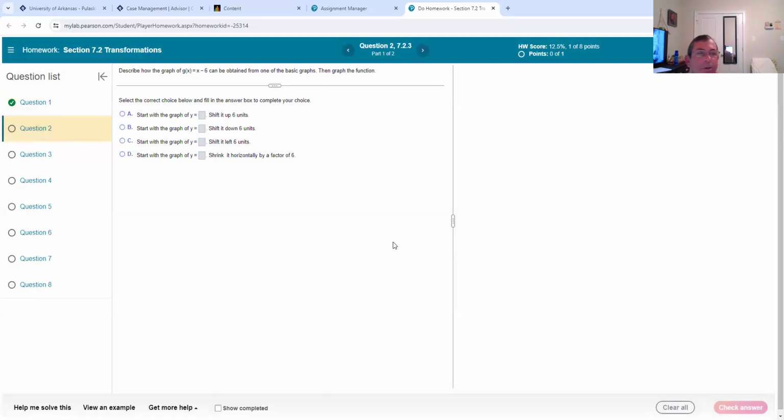All right, y'all, let me see what number 2 is asking here. So number 2, I got g of x equals x minus 6. And now y'all notice that minus 6 is not inside parentheses. So let me go to my pad.